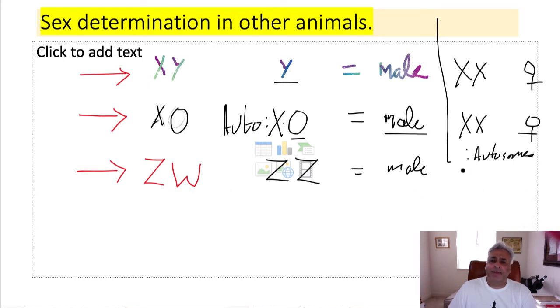So it appears that sometime in the history of the evolution of animals, one branch chose to use the XY system, and another branch of animals chose to use the ZW system. So over here, to be a female, you would be a ZW. That's all you need to know for now, right?